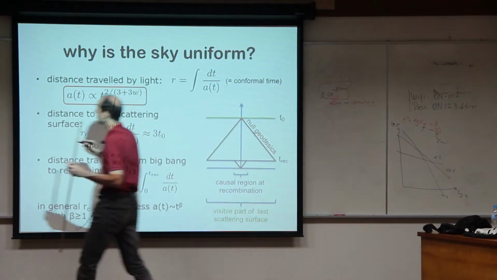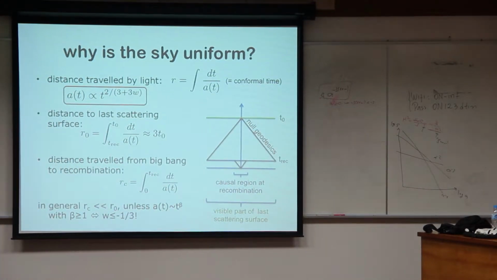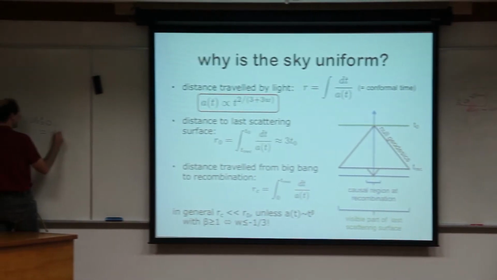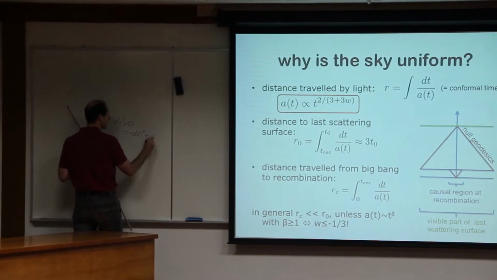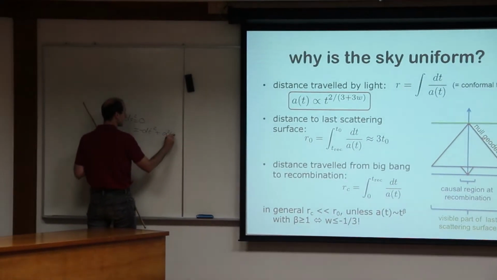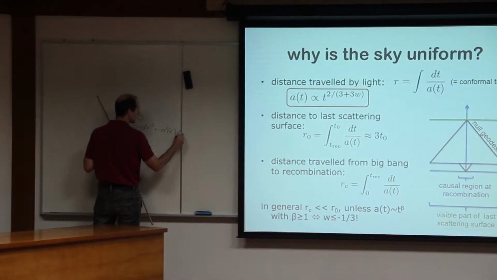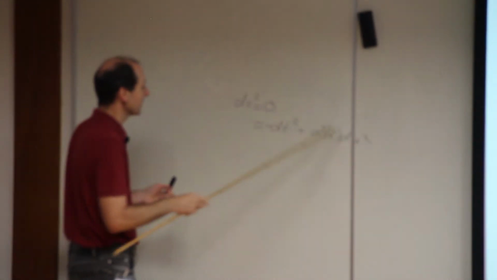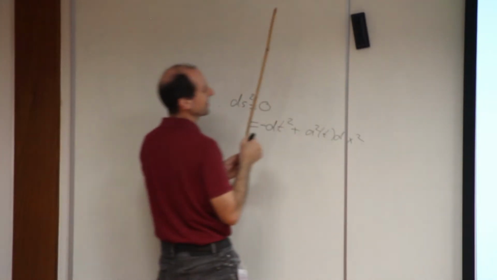Light moves on what is called a null geodesic, ds squared equals 0, and ds squared was minus dt squared plus a squared. Let me just write it. It's simply typed like this. And I can call this r squared, just because I call it r there.